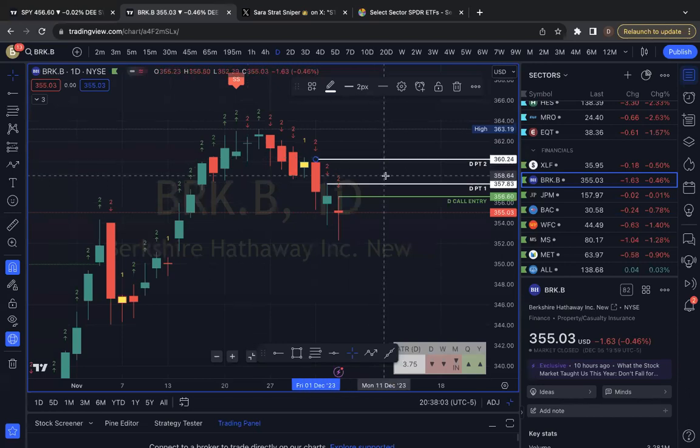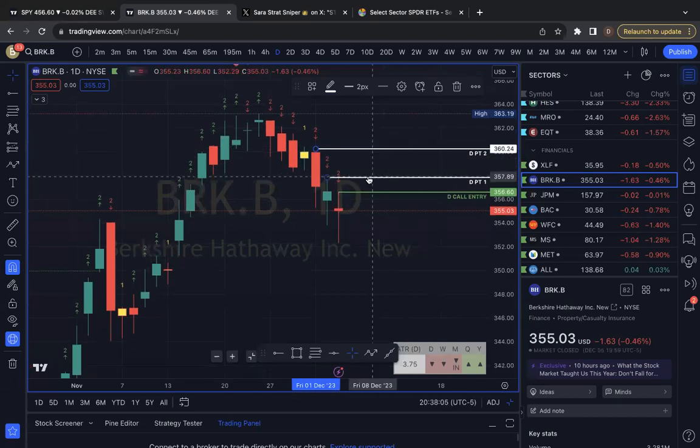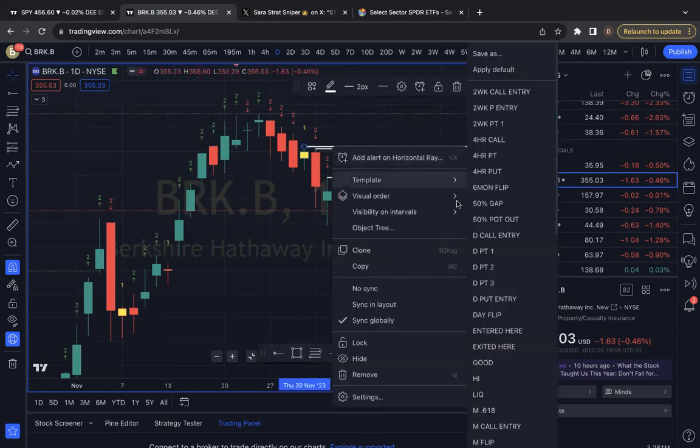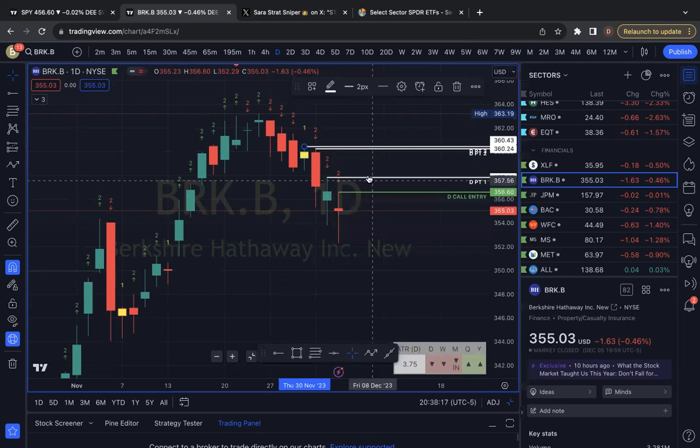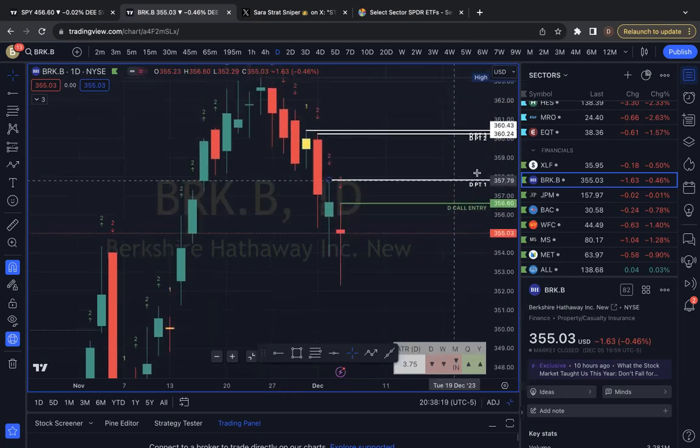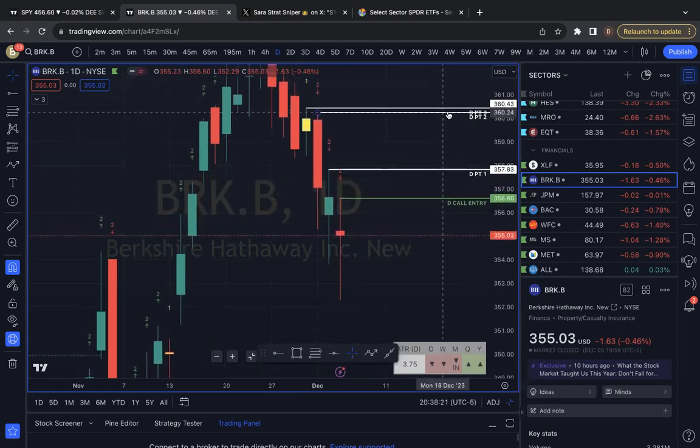So now you have two price targets. Let's say you want to take most of your position off here and let the rest of it run. You have a price target there, you got a price target there. So now you just plotted three price targets.